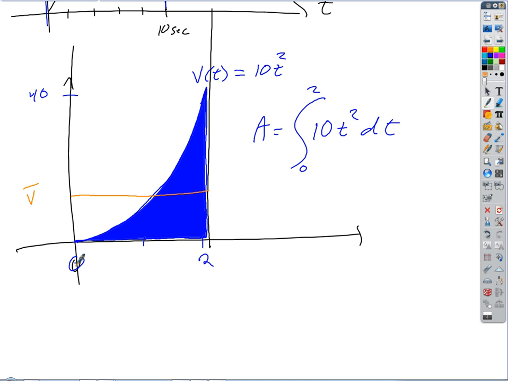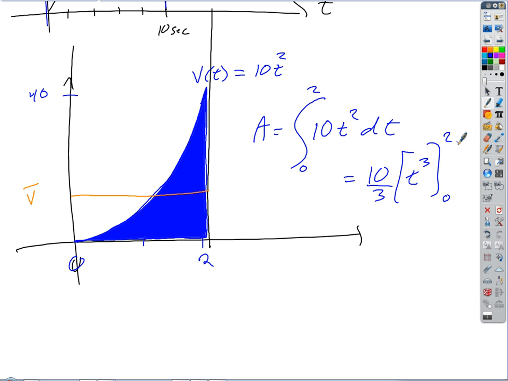Yeah, t cubed over 3 and then times 10. So we're just going to get 10t cubed over 3, and let's just write it like this. Remember we had this big discussion yesterday about how we can pull things out front when we're evaluating a function. It's not that big a deal, but well, maybe it was the day before.